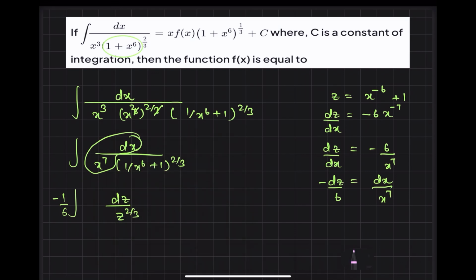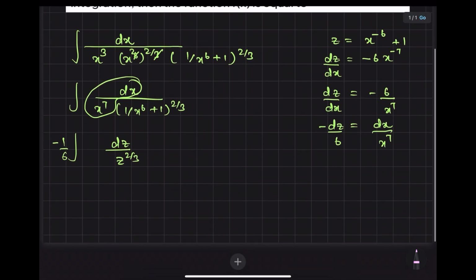Whenever you have these kind of situations where we are not able to feel anything, you should take maximum thing common. Okay, now let's do the final integration. So can I write z power minus of 2 by 3 dz?